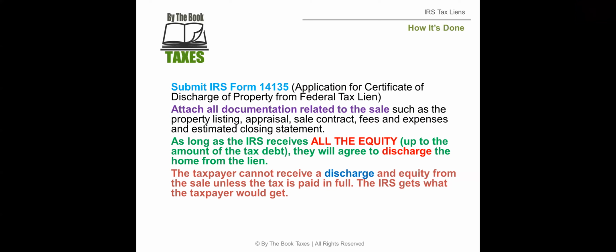As long as the IRS receives all the equity from the sale, they will agree to discharge the home from the lien. So the IRS essentially steps into the taxpayer's shoes and gets whatever they would get.